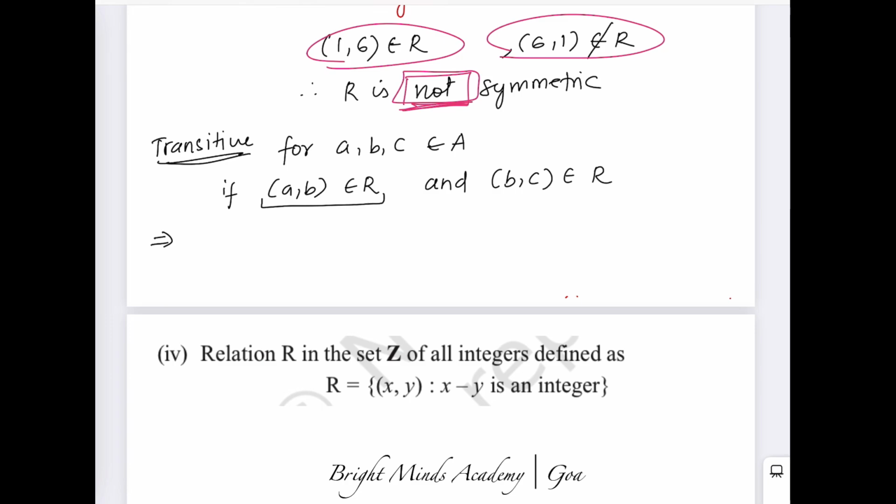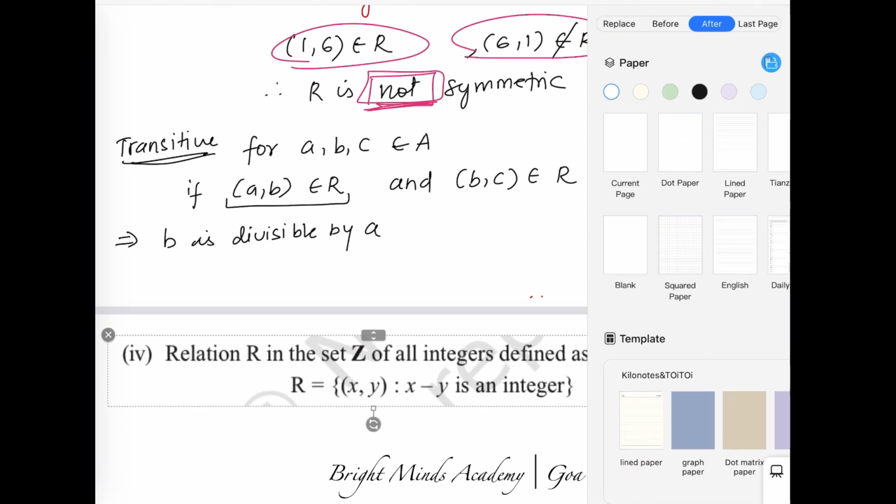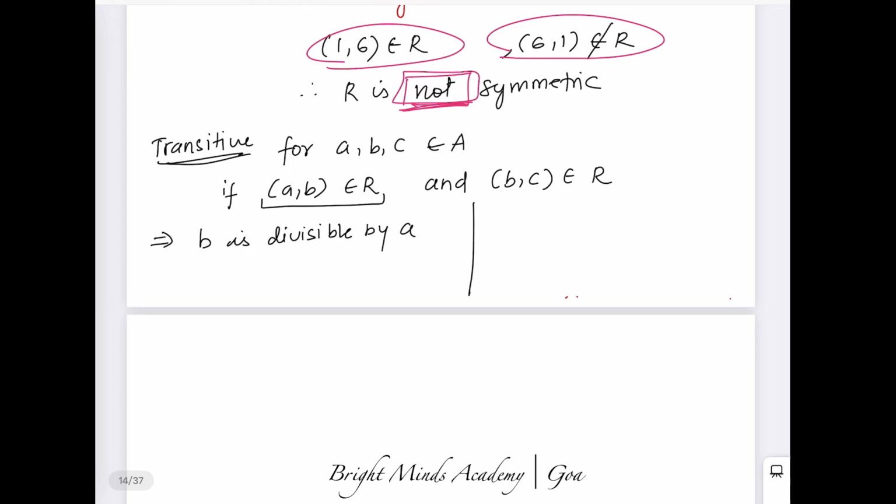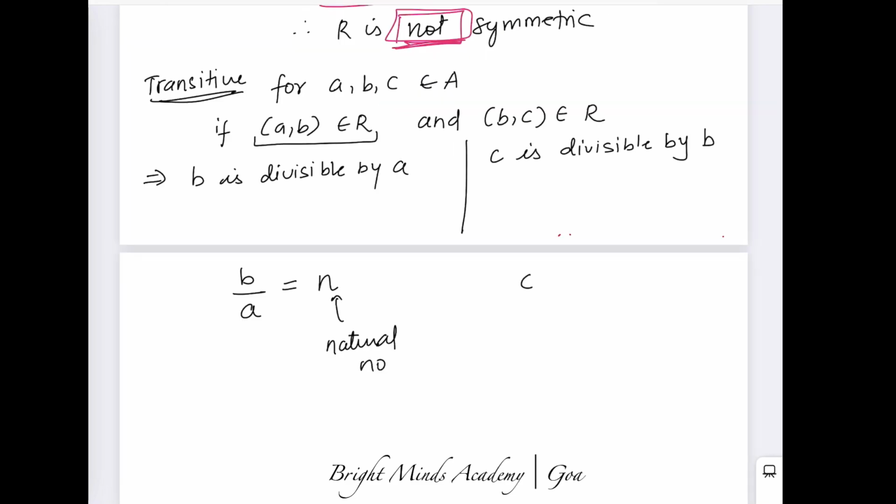According to the definition, this means that the second number, which is B, is divisible by the first number, that is A. Similarly, the second number, which is C, is divisible by the first number, that is B. Now when I say B is divisible by A, that means B divided by A will end up giving you a natural number or a positive integer, which is N. Similarly, if you apply the same logic, C divided by B should also give you a natural number, which is M.